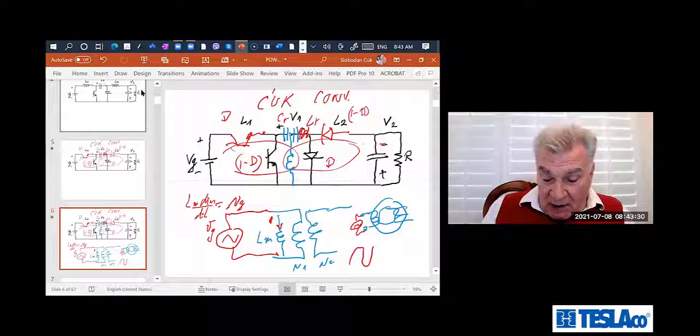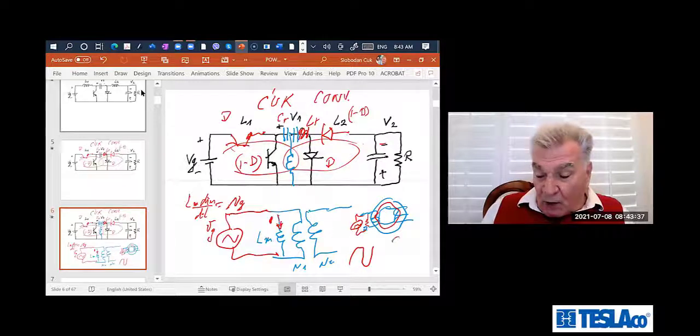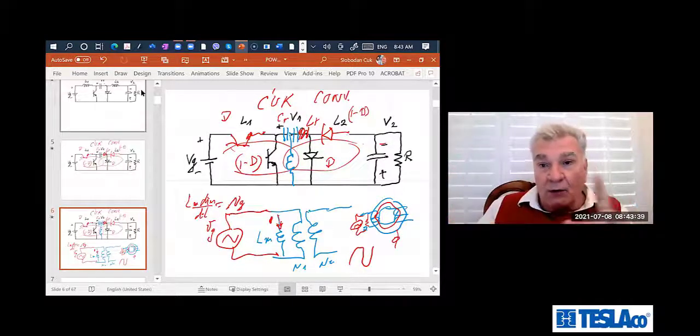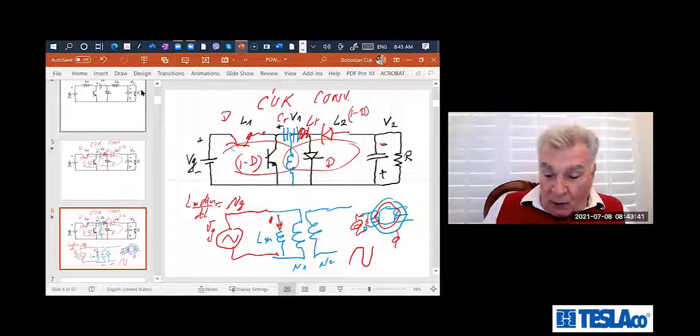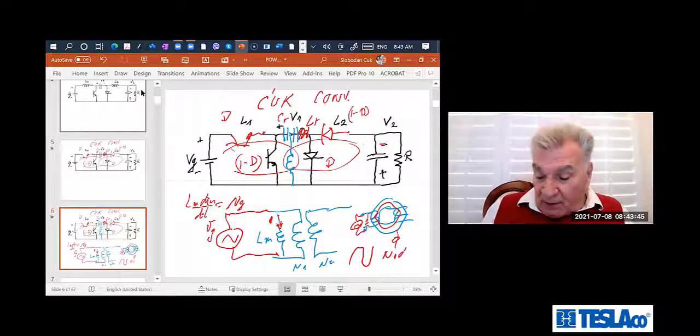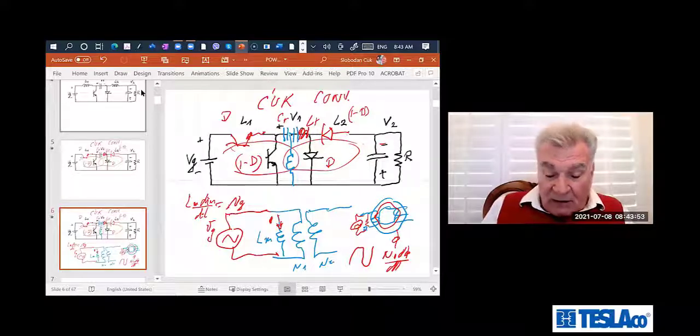It generates this magnetizing current, and this current generates the flux in the core. There is only one flux, not two fluxes. And according to Faraday's law, this flux, N1 d phi per dt, is a voltage induced by Faraday's law, which is opposing the driving voltage.